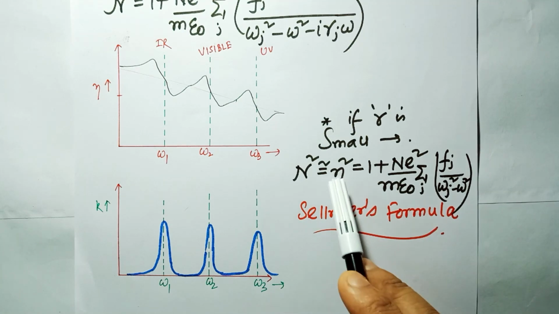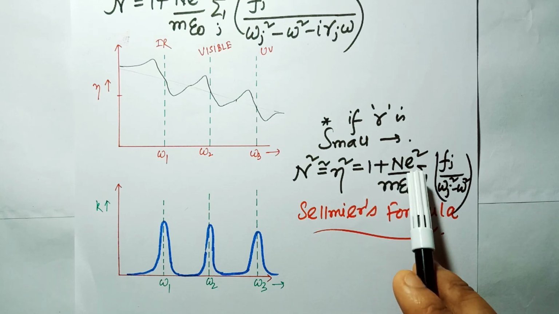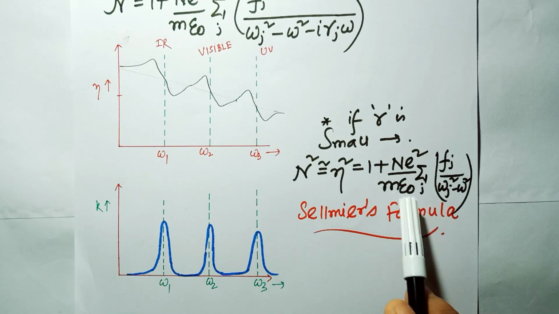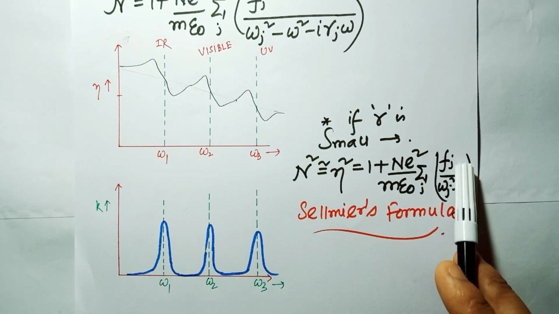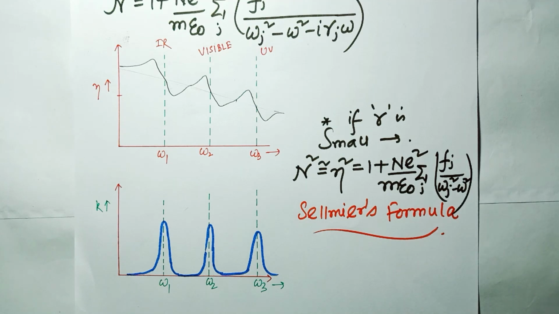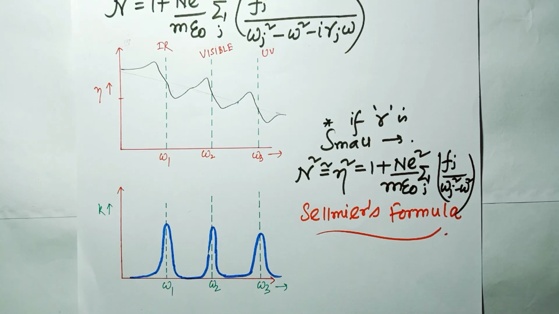So eta square, the capital N square, becomes 1 plus N square by m epsilon naught times sum over j, all such oscillations, of fj divided by omega j square minus omega square. And you can see the refractive index as a function of the wavelength instead of the frequency. There is no frequency part, so it is independent of the frequency and dependent on the wavelength. This formula is called Sellmeier's formula.